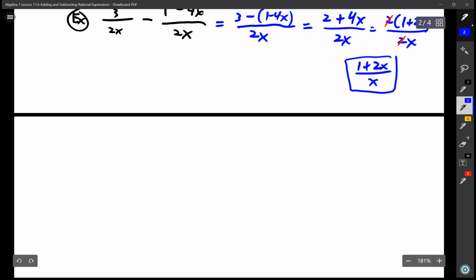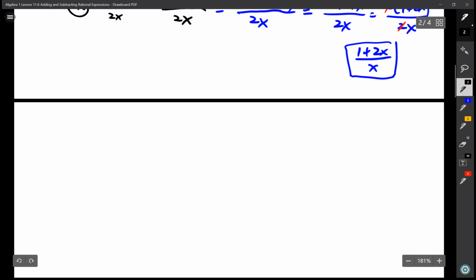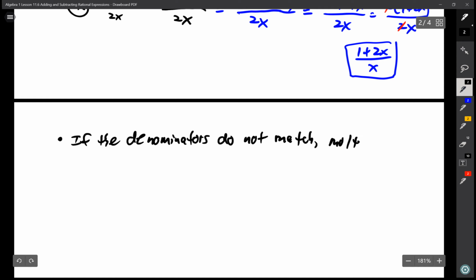Well, if the denominators do not match, multiply by fractions equal to 1.